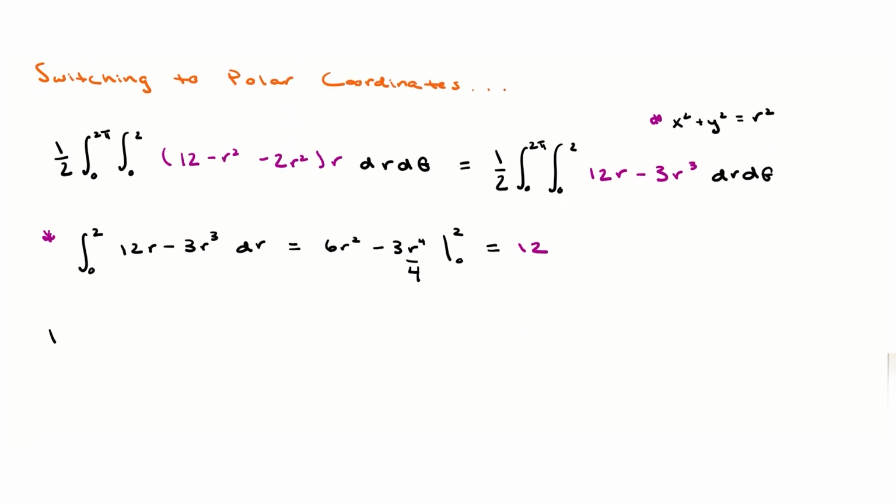This leaves us with a half times the integral from 0 to 2 pi of 12 with respect to theta. This, of course, simplifies to half times 12 theta from 0 to 2 pi, which gives us a final answer of 12 pi.